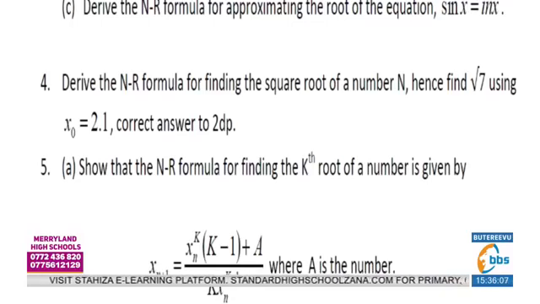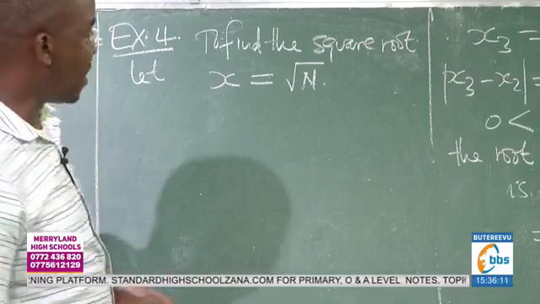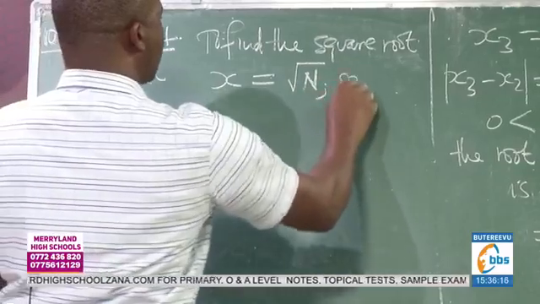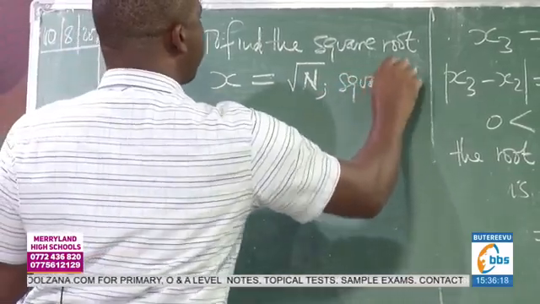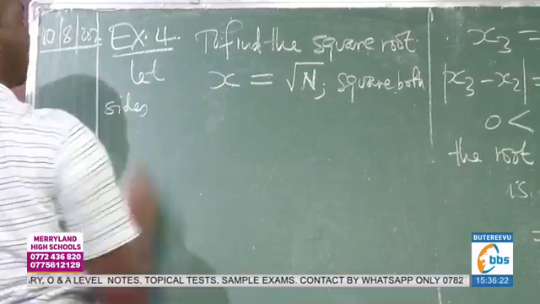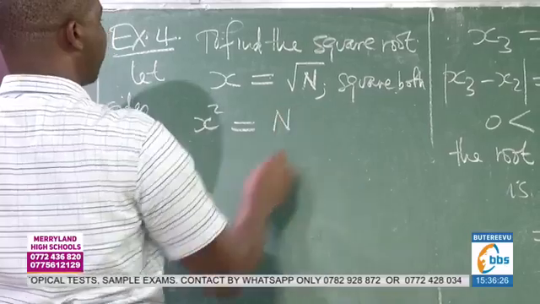If we let x be equal to the square root of n, we need to find the function. If we square both sides, we shall have x squared being equal to n.